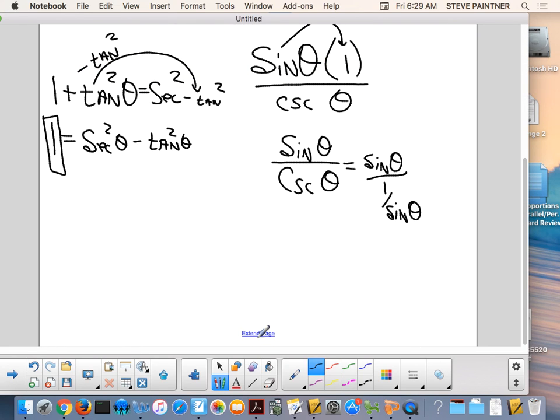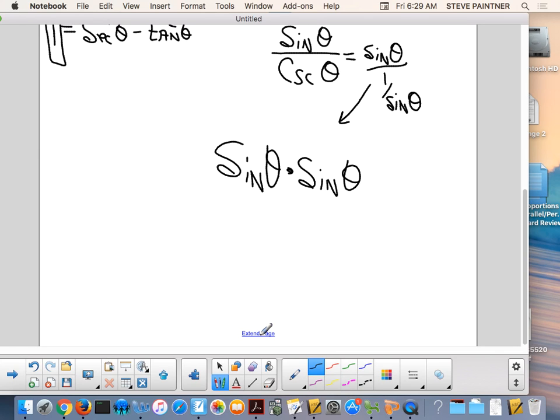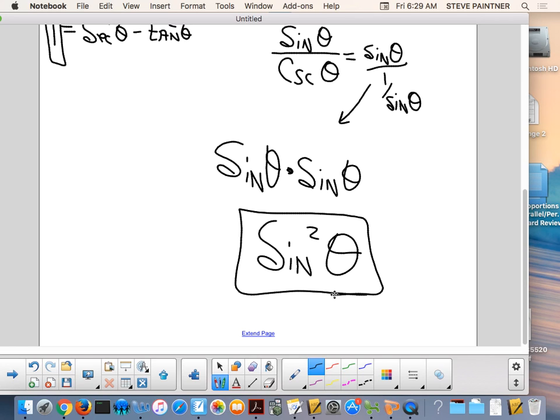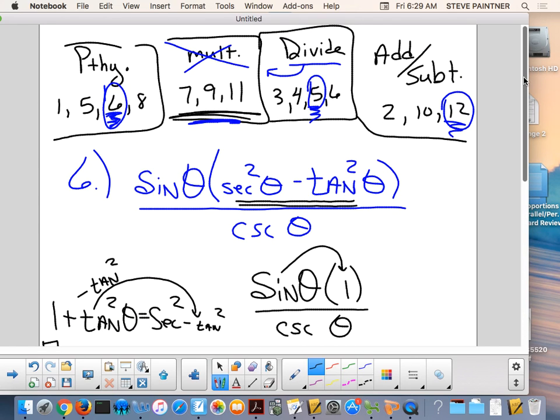So this now becomes sine of theta times the reciprocal, sine of theta. Answer? Sine squared. Yeah, we got it. There it is. Okay, so number 6 is now done, and that is a Pythagorean kind of problem.